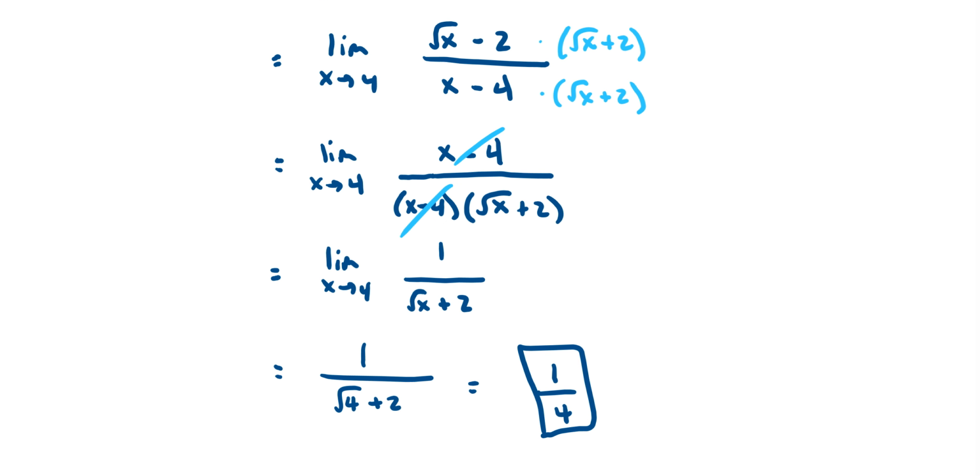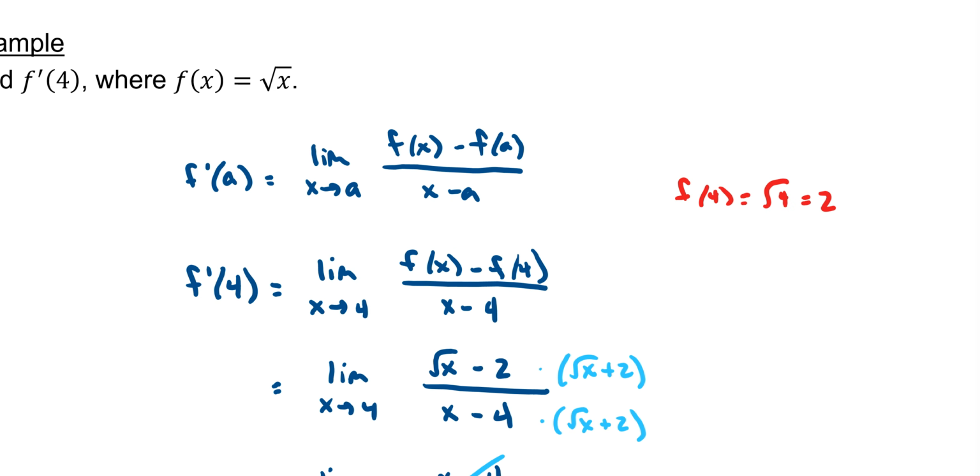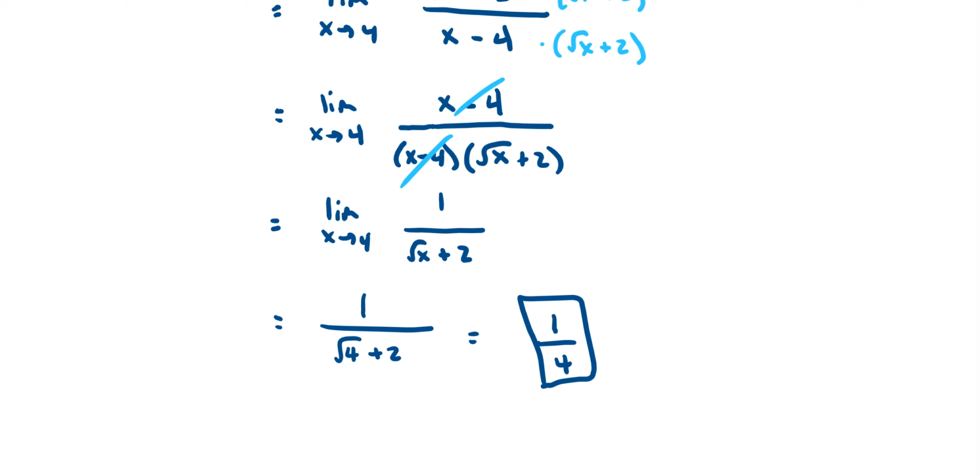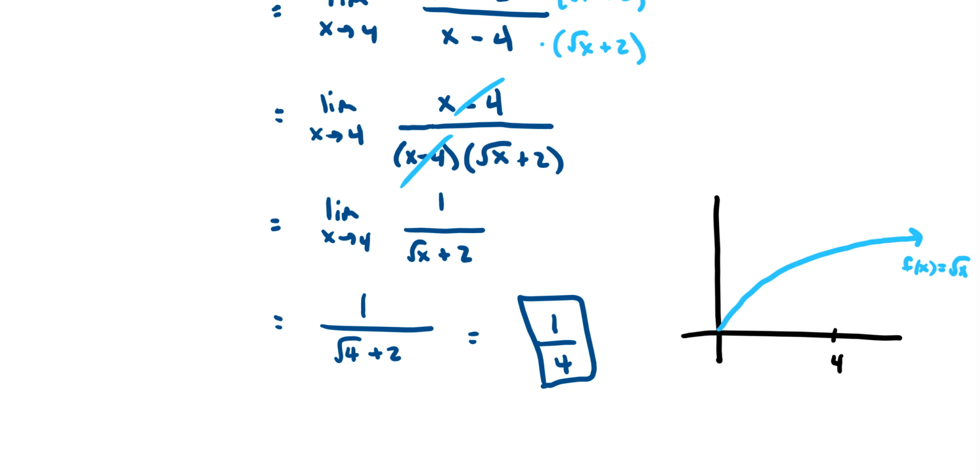Okay, so now the question becomes, what the heck does this represent? So our function here was the square root of x. I'm going to do a quick little diagram here on the right. So we have the square root of x looks just something like this. And the point of interest here was x equals 4. So what we just found, we found that f prime of 4, the derivative evaluated at 4, is 1/4.